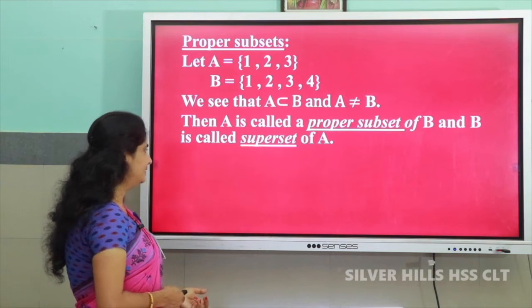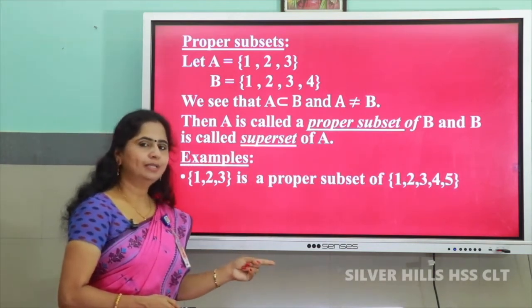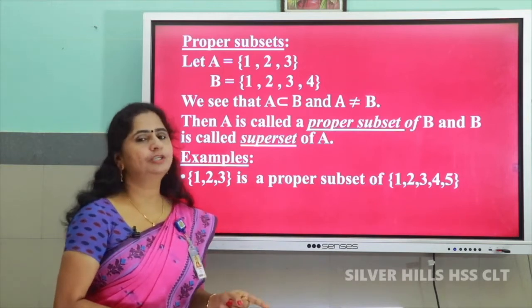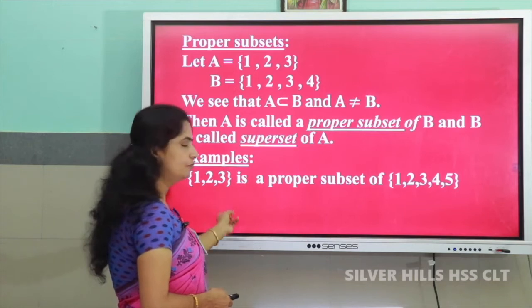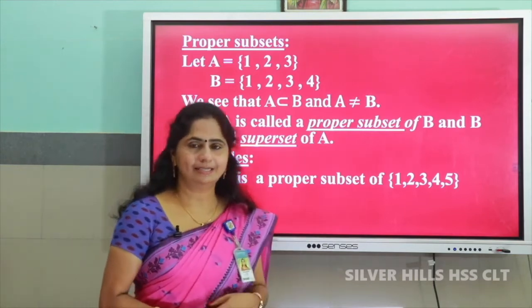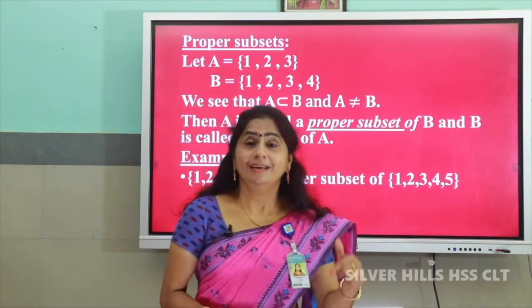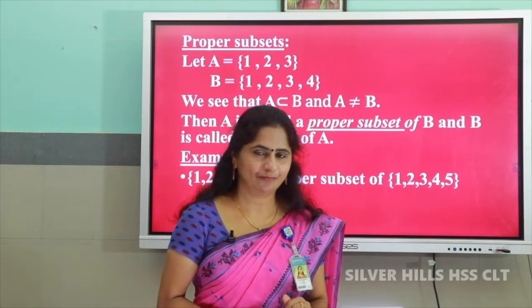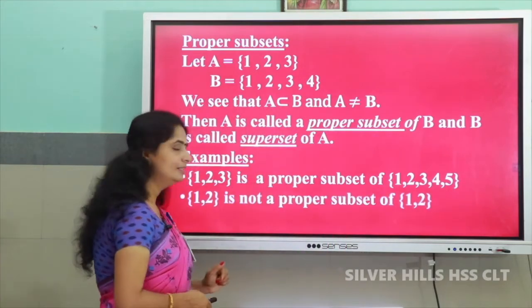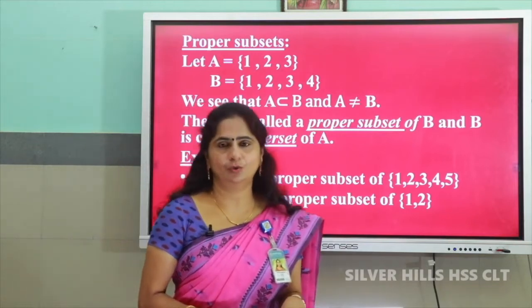Let's see an example. The set {1, 2, 3} is a proper subset of the set {1, 2, 3, 4, 5} because all the elements of the first set are present in the second set. Next example, the set {1, 2} is not a proper subset of the set {1, 2}.